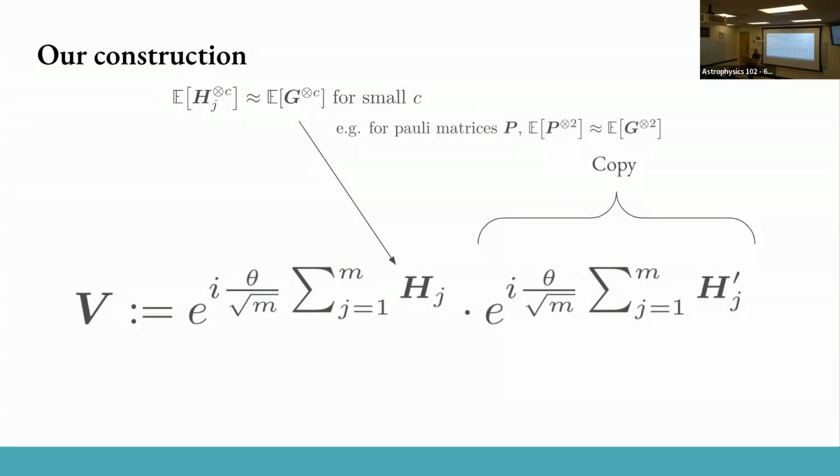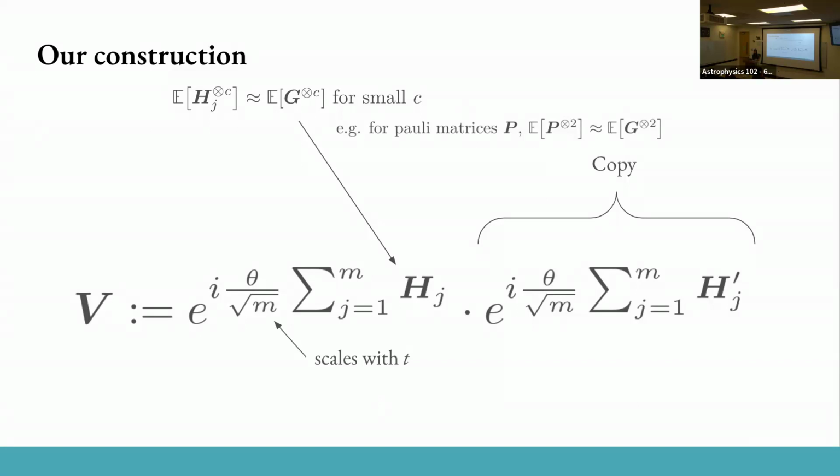Specifically, when we say Gaussian here, we are referring to the GUE, the Gaussian unitary ensemble. One way to think about it is that we're taking some matrix with Gaussian entries that's also Hermitian. H_j matches those moments up to something very small, and then we add a lot of them together. We add m of them together specifically.